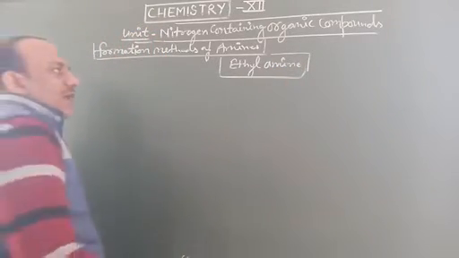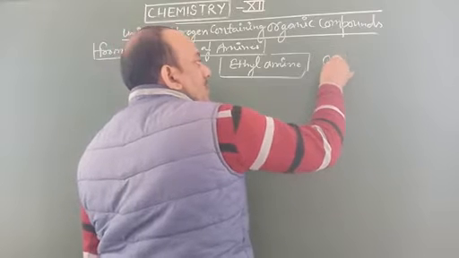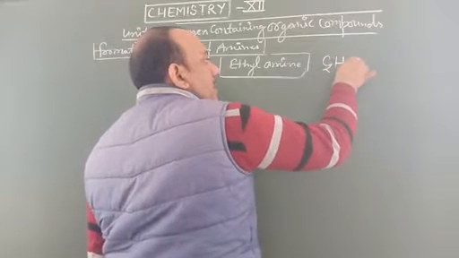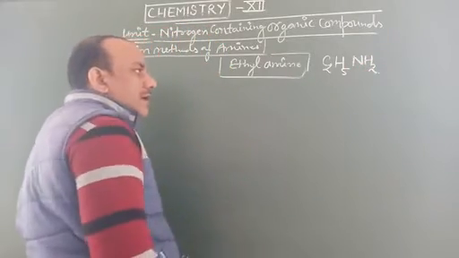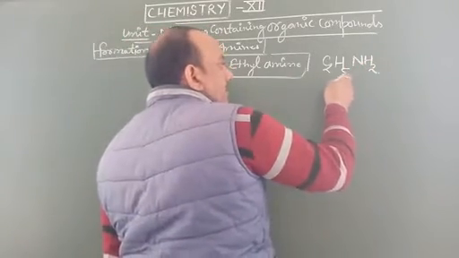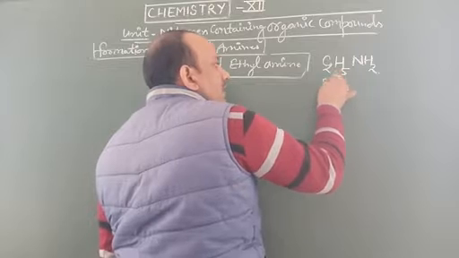Its molecular formula is C2H5NH2 and its IUPAC name is ethanamine.